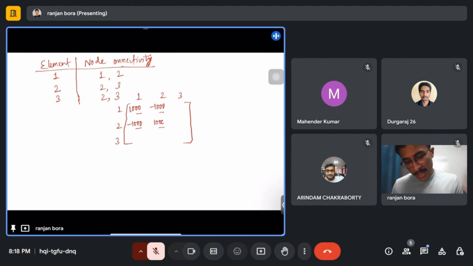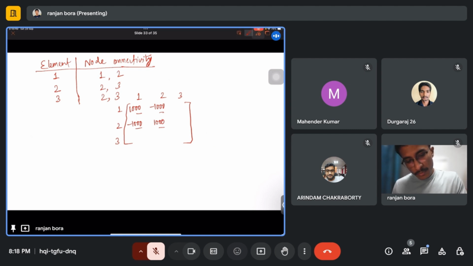And second element, node connectivity was 2 and 3. So it will come in these two positions. Because 2 and 3 means we take the second row and third row, and second column and third column.